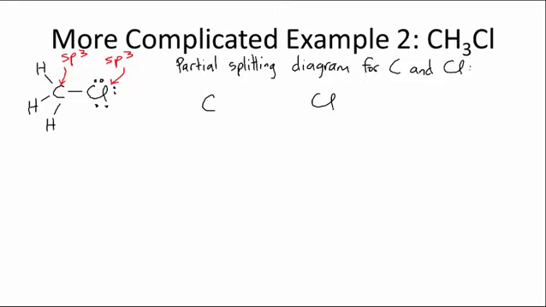Chlorine's got these 4 sp3 hybrid orbitals. Now, if you're an electron, who are you more attracted to, carbon or chlorine? Chlorine. Chlorine's a lot more electronegative. So chlorine's orbitals are going to start out a lot lower energy than carbon's orbitals.